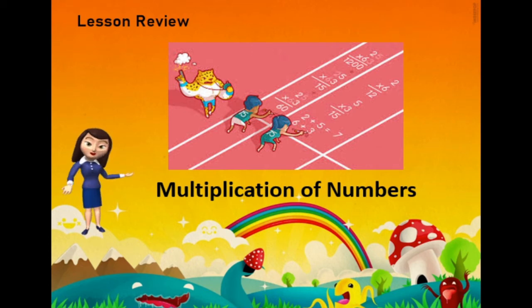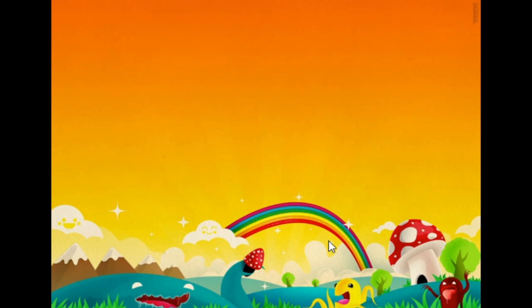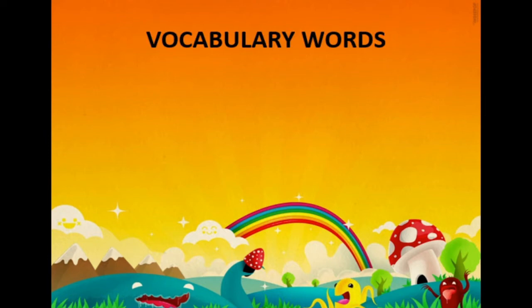On the last video, we talked about how to multiply numbers. Now let's take a glance at the important words to use when we talk about multiplying numbers. First, let me show you this one again.